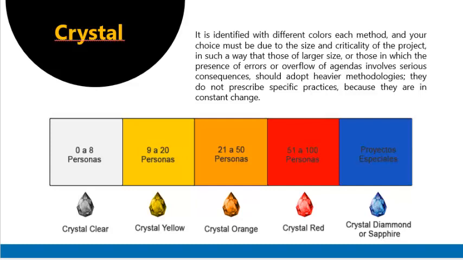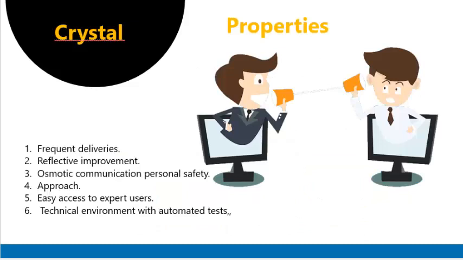The types of this methodology are Crystal Clear, Crystal Yellow, Crystal Orange, Crystal Red, and Crystal Diamond. The properties are frequent deliveries, reflective improvement, osmotic communication, personal safety, focus, easy access to expert user, and technical environment with automated tests.